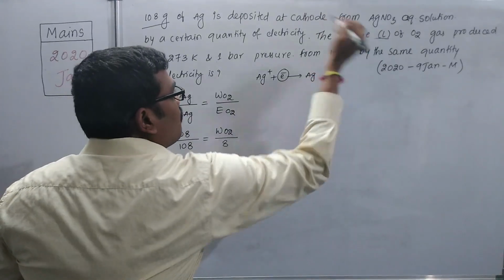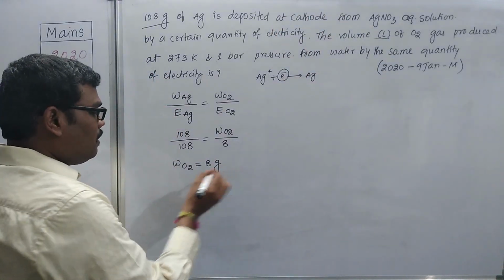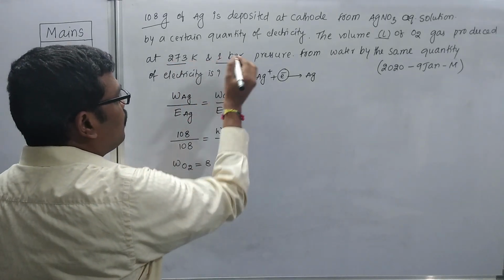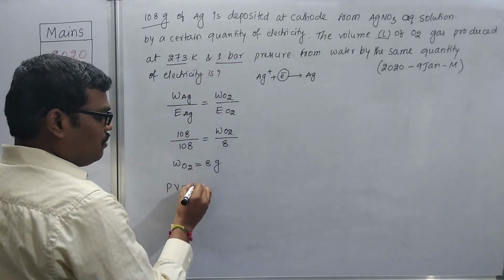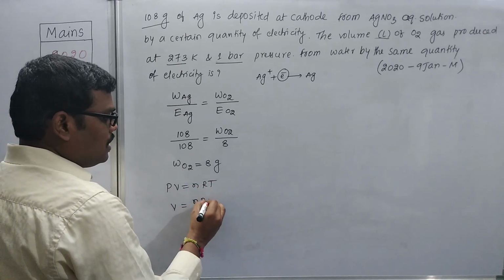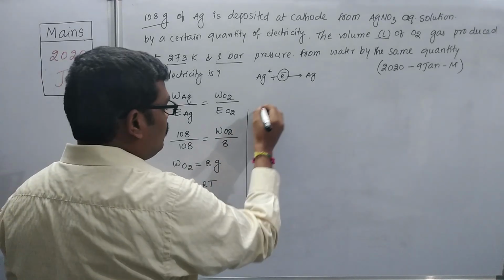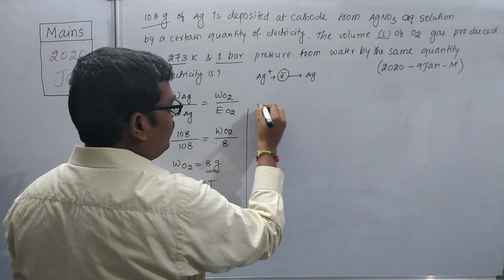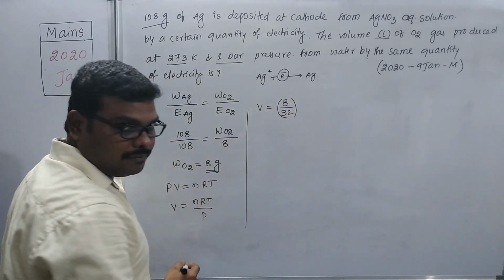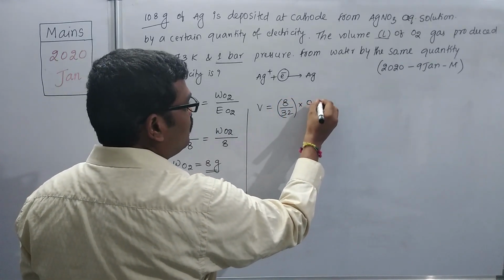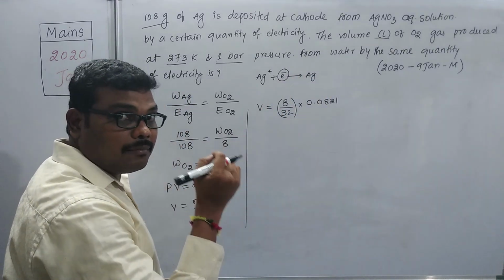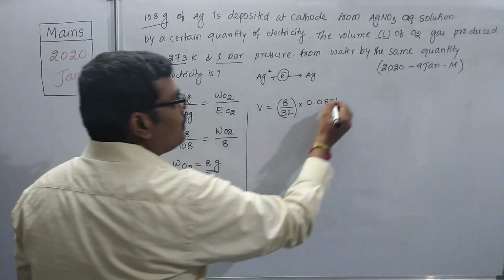But we require the volume of oxygen produced. To calculate the volume of oxygen produced at 273 Kelvin and 1 bar pressure, we use the PV is equal to nRT relation. From this, V is equal to nRT by P. Weight by molecular mass gives the number of moles, n. R value is 0.0821, units are liter atmosphere per mole Kelvin.